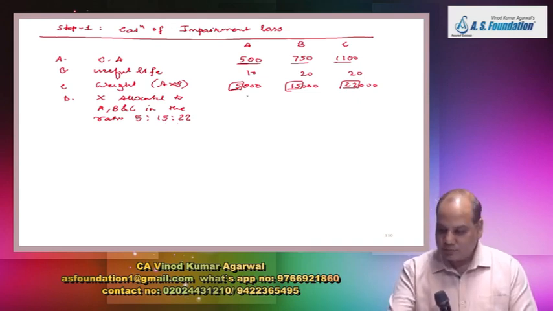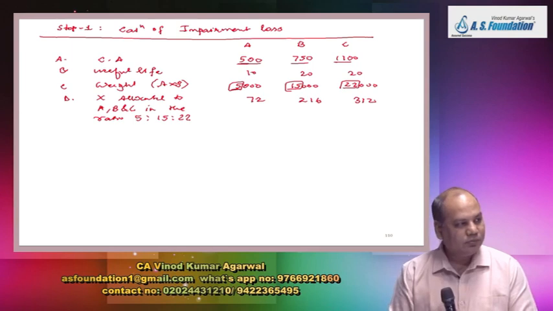Yes, come on. Okay, write 72, round off. Then 15 by 42 into 600. 216, round off. Very good. And the last one, 312, balancing figure. You can take it as a balancing figure.